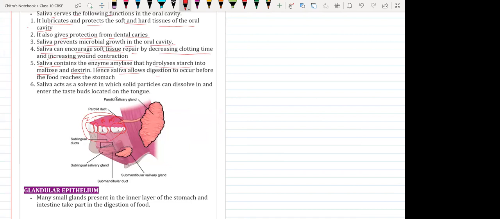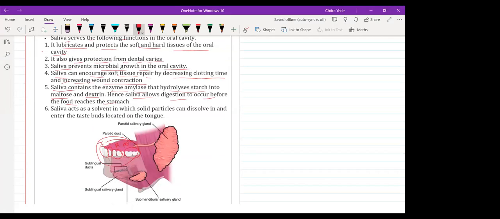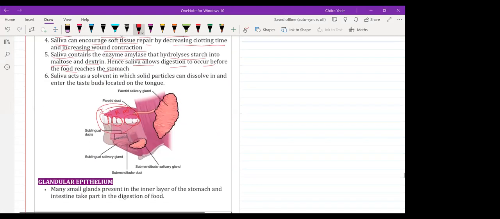Hence, saliva allows digestion to occur before the food reaches the stomach. That means digestion takes place in the mouth itself. Saliva also acts as a solvent in which solid particles can dissolve and enter through the taste buds located on the tongue.